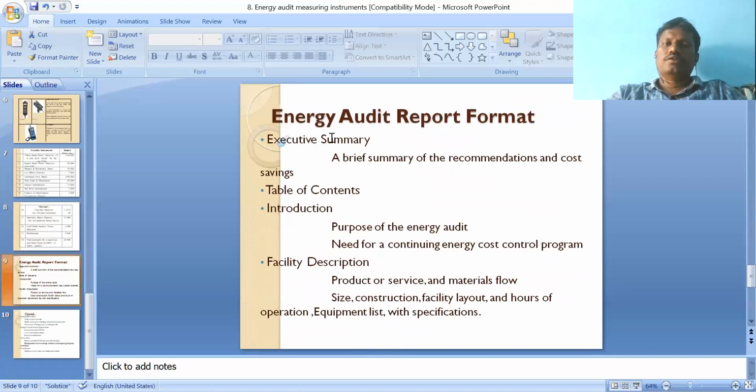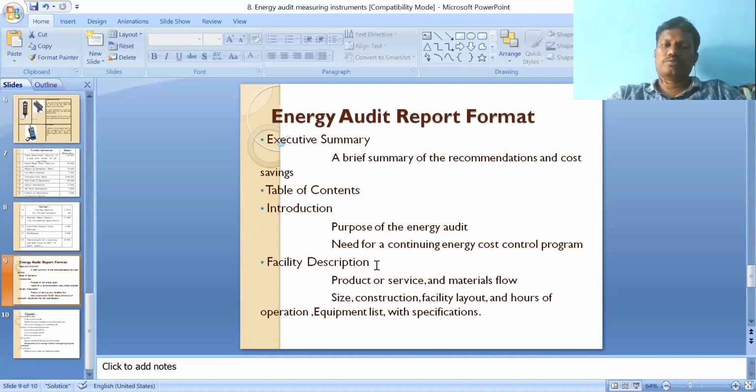Finally, once we have done all the energy calculations from the instrument data, what is the final report we have to submit? What is the format? The energy audit report format. First, the executive summary, which is a brief summary of the recommendations and costs. Then the introduction: purpose of the energy audit and need for a continuing energy cost control program.